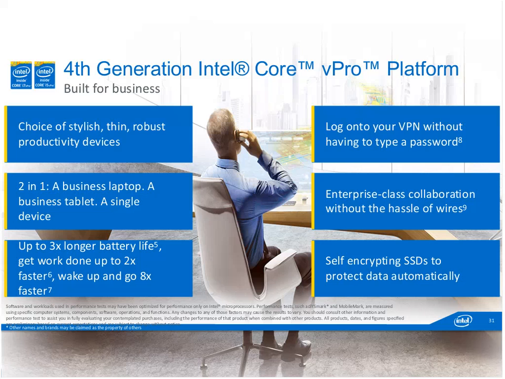Some of the other things built into this generation of 4th Gen Core products is a passwordless VPN. The hardware is built in, working with the Cisco AnyConnect software, so that users don't have to put in a unique password every single time for their VPN.